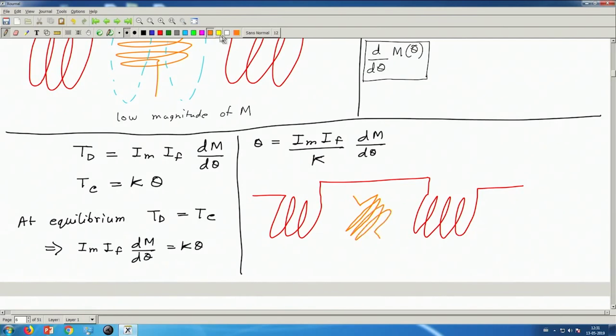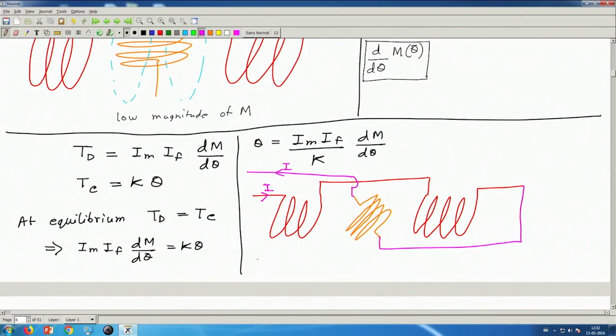I will connect both in series, like this, and I will pass the same current I through both of them.